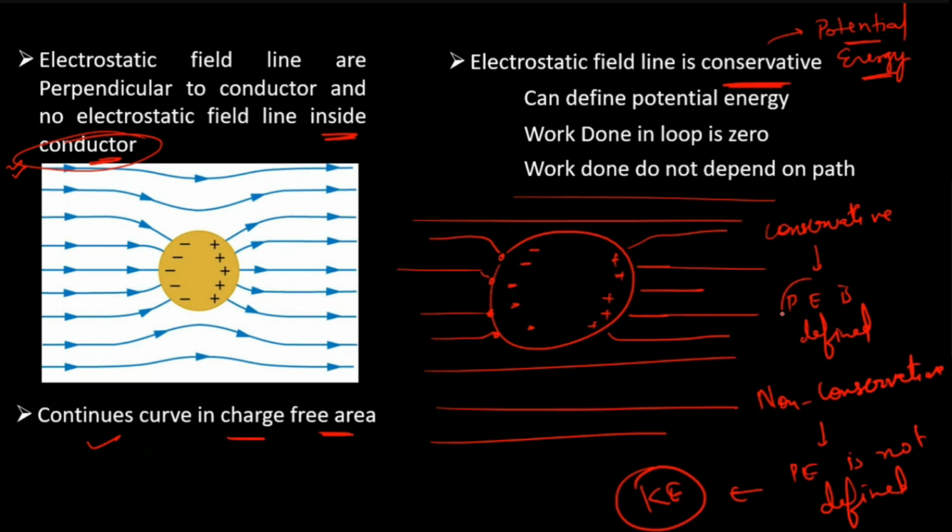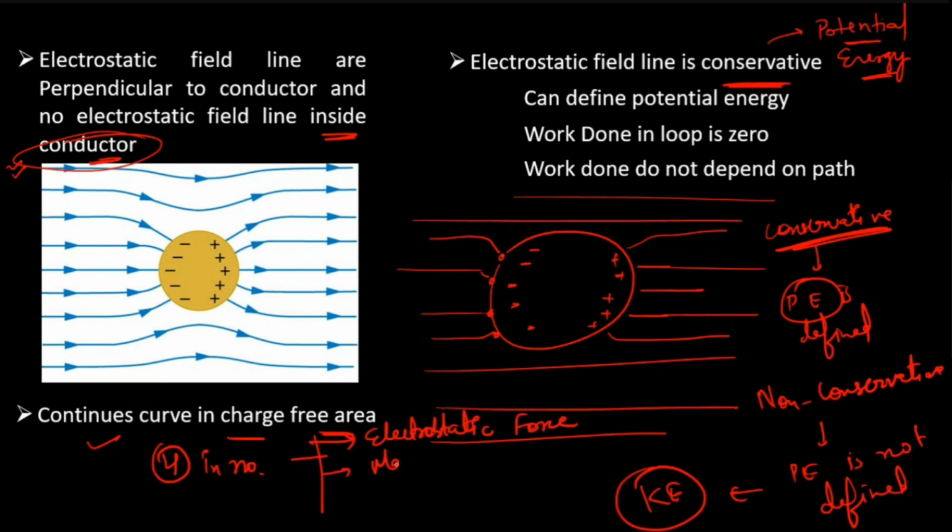Potential energy is defined for conservative forces only, and the conservative forces are only four in number. You need to always remember them. The first is electrostatic force, which is conservative in nature. Then we have magnetic force, which is also conservative in nature.